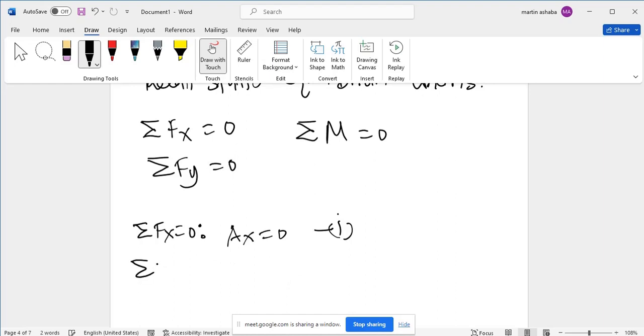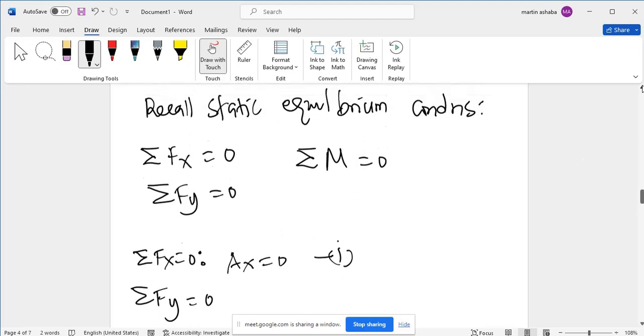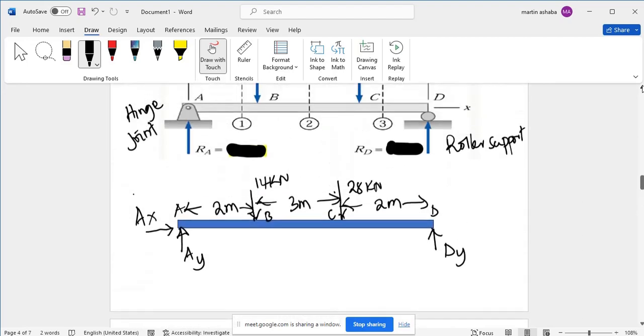We say summation of forces in the y direction, sum of forces in the vertical direction should be equal to 0. It is the same way of saying that vertical upward forces are equal to downward. So I just go up here and see which ones are downward forces and which ones are upward forces. AY and DY are upward forces, whereas 14 and 28 are downward forces.